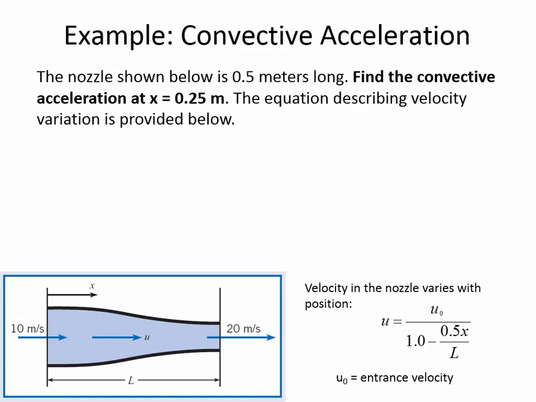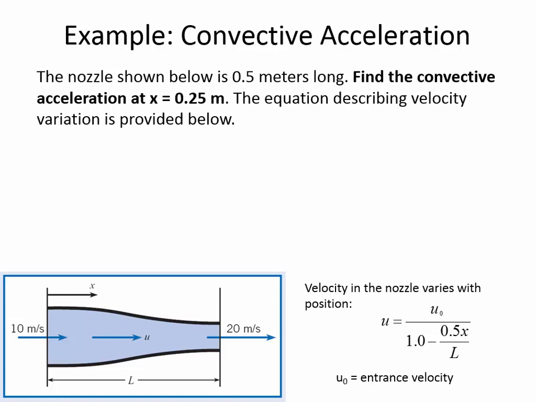This equation is telling us the shape of the nozzle, essentially, because what it defines is it says, depending on where you are in that transition, it tells you what is your velocity compared to the initial velocity, u naught. So u naught is our entry velocity of 10 meters per second. And so when x equals L, what will be our velocity? I mean, we can see from the picture here that it's 20, but does the equation give us that?